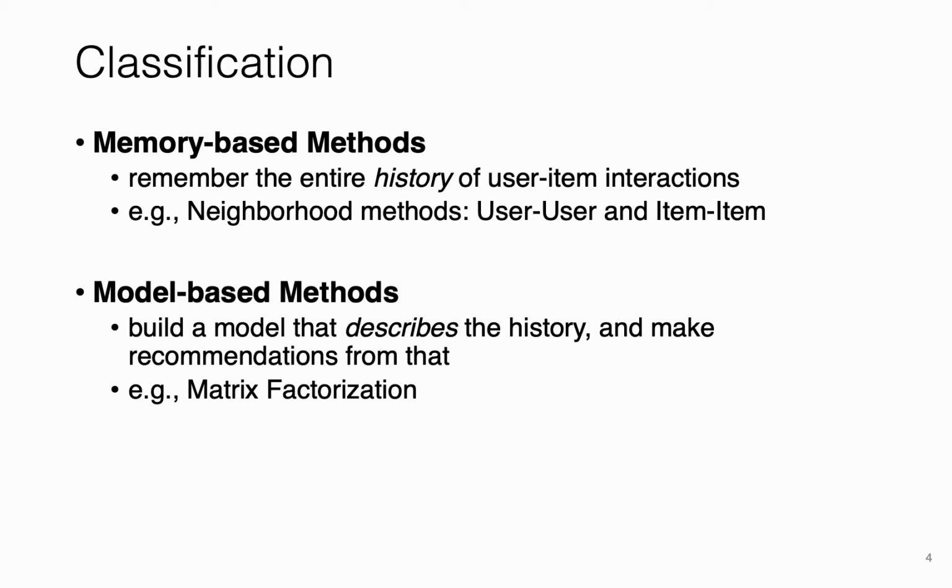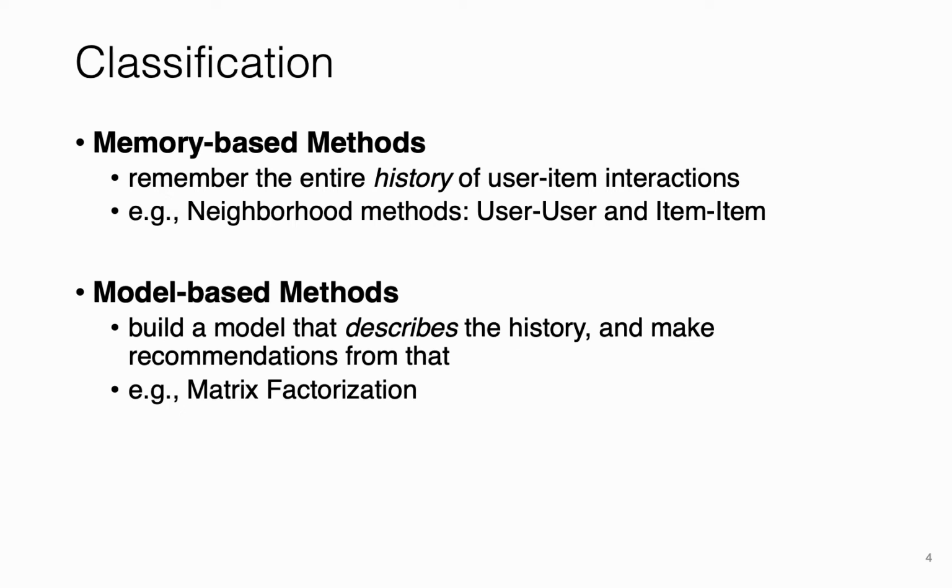Collaborative filtering can be generally classified into two main classes. The first is called the memory-based methods, and they are called memory-based because they essentially need to remember the entire history of the user-to-item interactions. Members of this class are the so-called neighborhood approaches that we will be discussing, specifically the user-to-user and the item-to-item approaches. The other big class are the model-based methods.